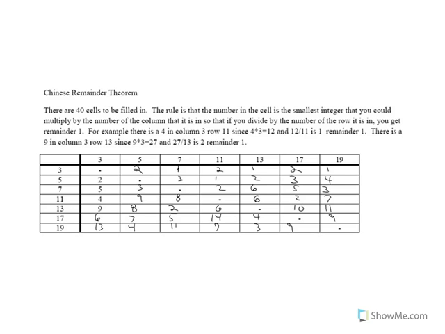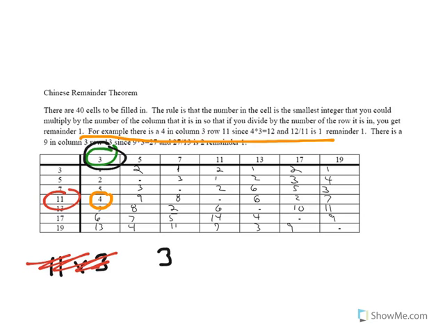The reason there's a 4 in column 3, row 11, is that 4 is the number you'd have to multiply by the column it's in.